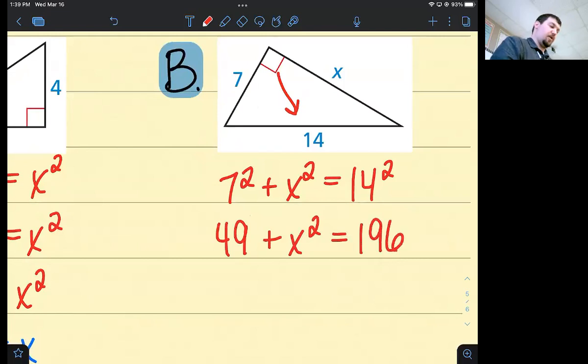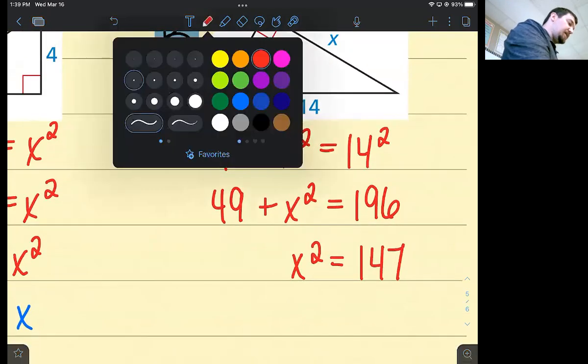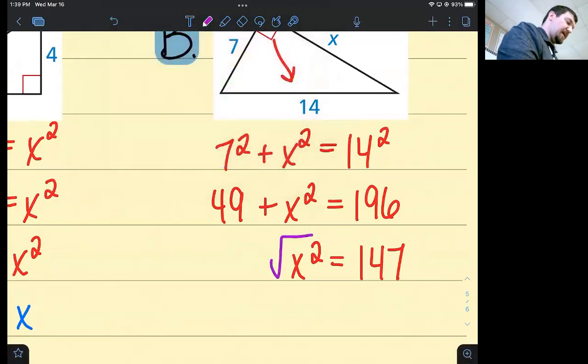Okay, one of them that we should know. We subtract 49 from both sides. Emerson, what's 196 minus 49? 147. Okay.